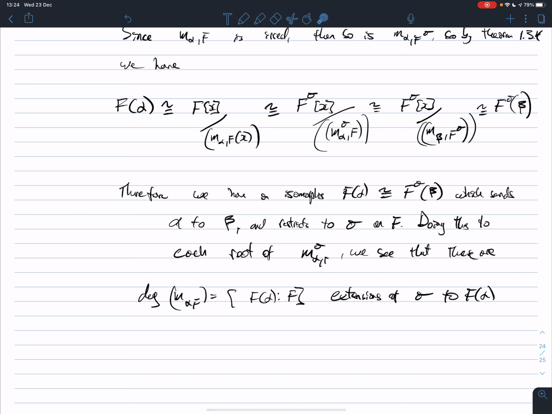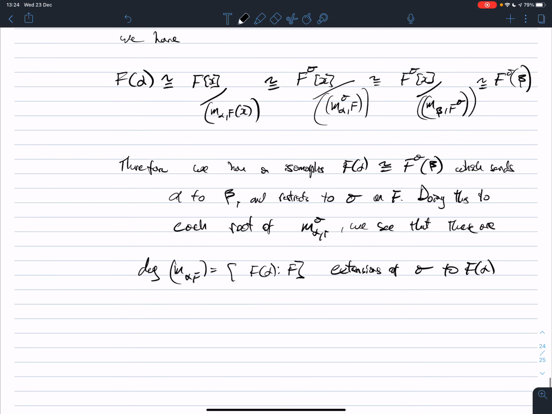This is how many extensions we have, because think what this isomorphism is doing: it acts on F as if it was σ, and it just changes α and β around. So now we have this many extensions from here to here, but now we just use the inductive hypothesis.